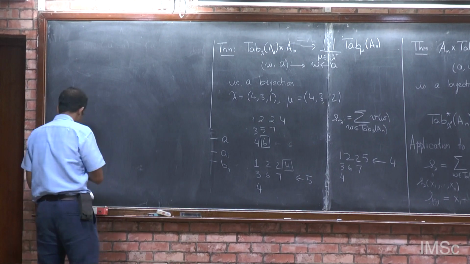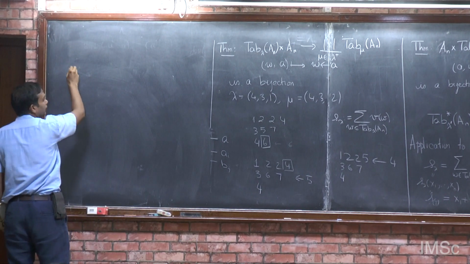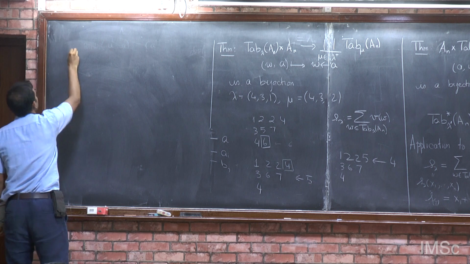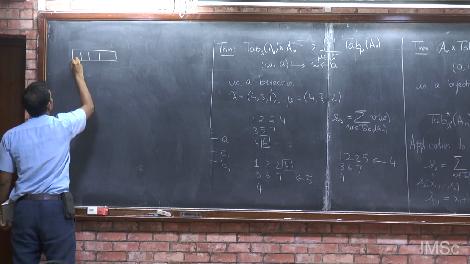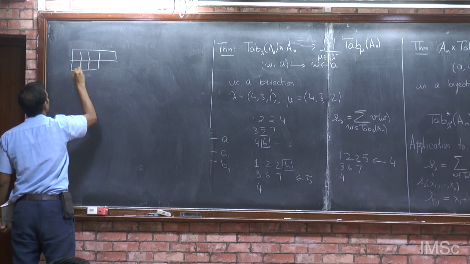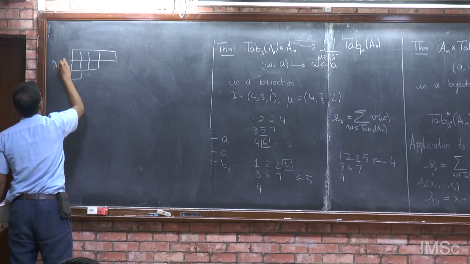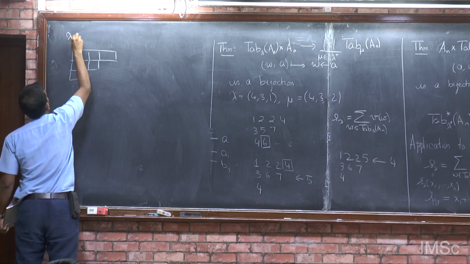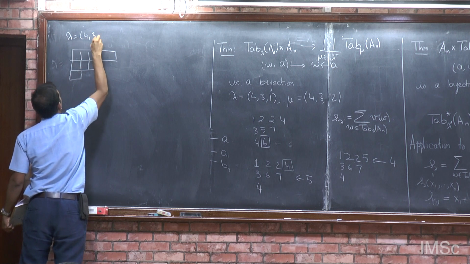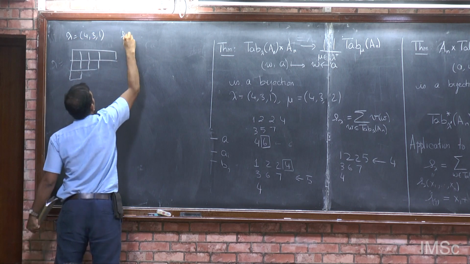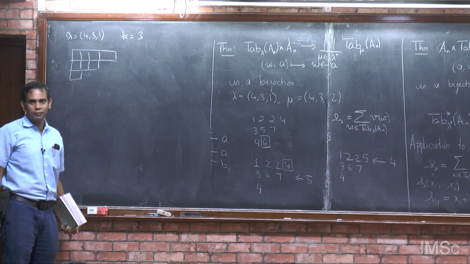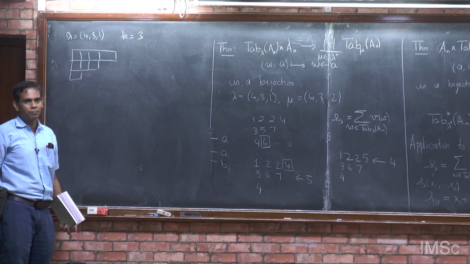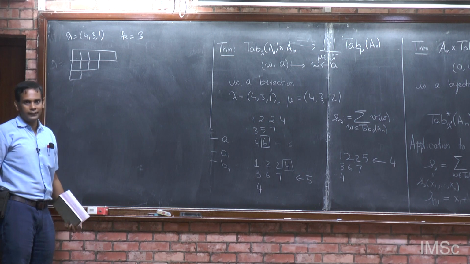So, let me give you an example. Suppose you take lambda equals, say, this favorite partition of mine, 4 3 1, and let us take k equals 3. What are all the ways I can add a horizontal strip of length 3?